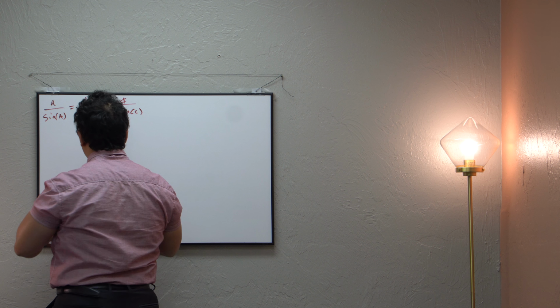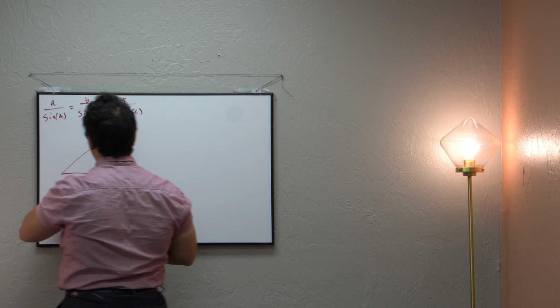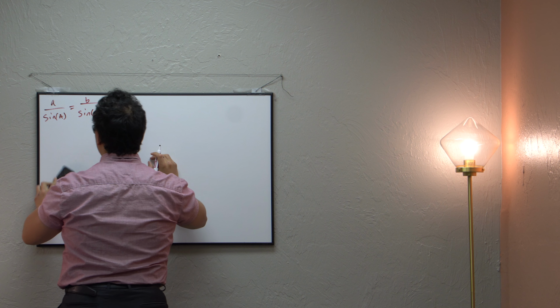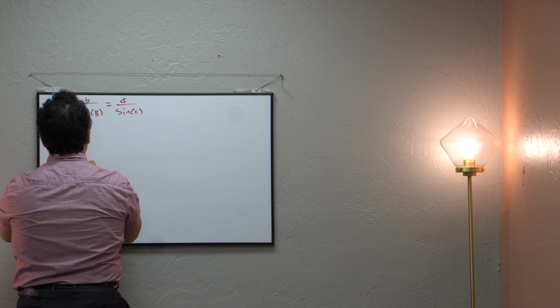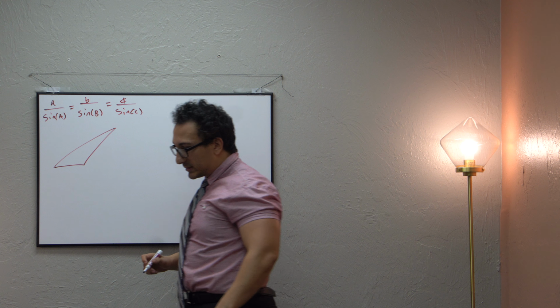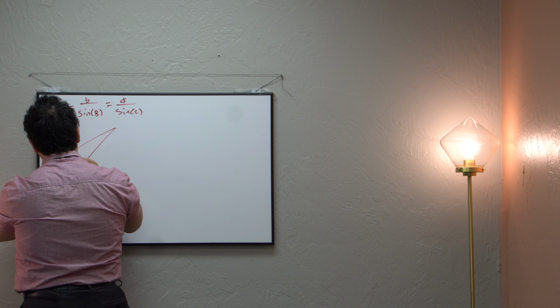Let's say we have a triangle like so. It's not a right triangle. Okay, well, the little triangle I drew kind of looks like a right triangle. Let's fix that. Okay, we got something like this. Let's say that A over here is 50 degrees.